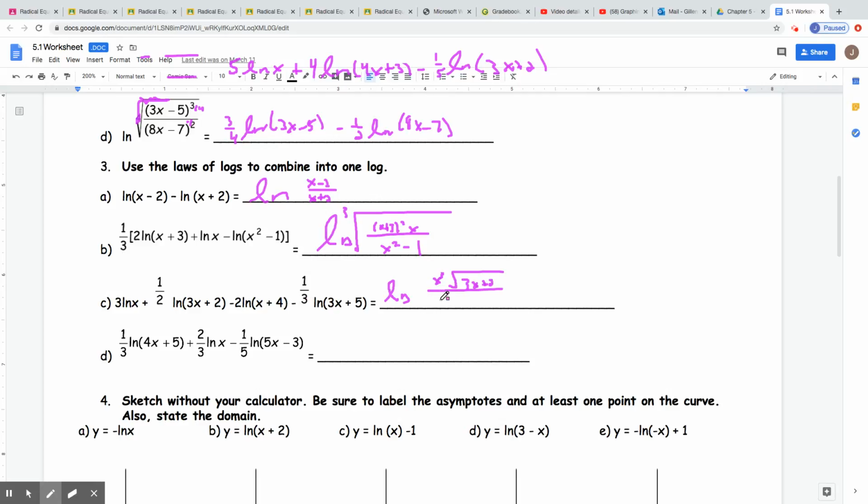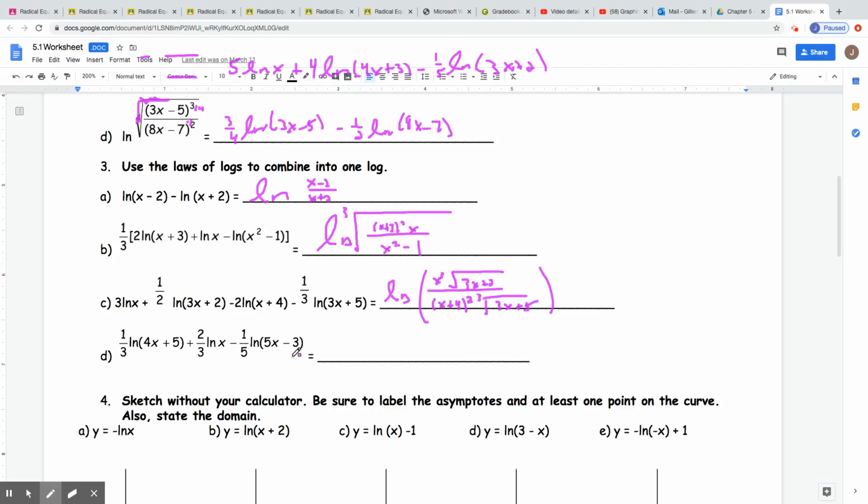The minus, so that's x plus 4 squared. And then 1/3, which means that is the cubed root of 3x plus 5. All right. And you can put all in parentheses if you want. So that's x cubed, square root of 3x plus 2 over x plus 4 squared times the cube root of 3x plus 5.